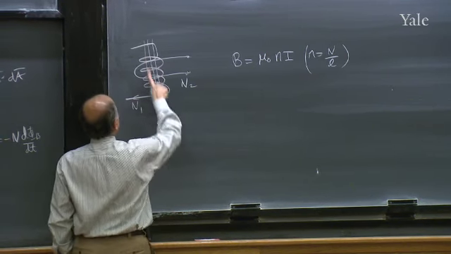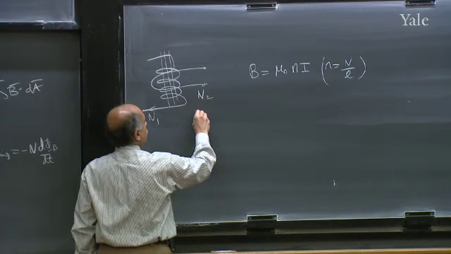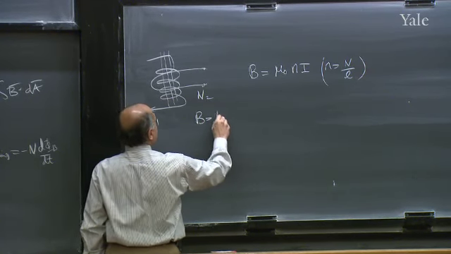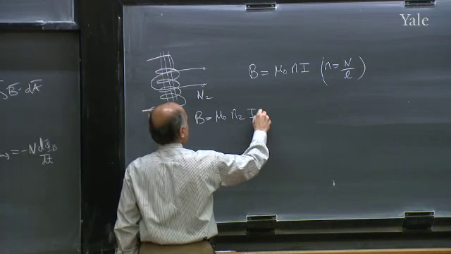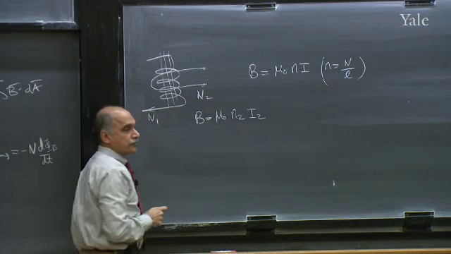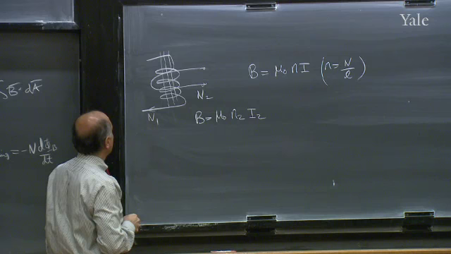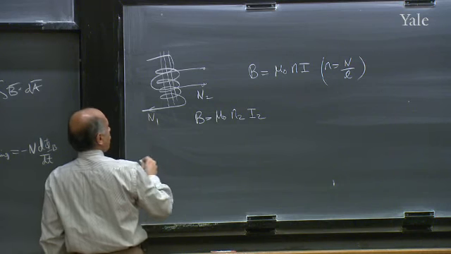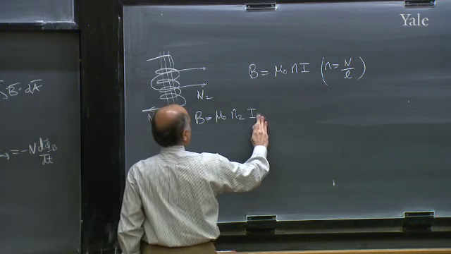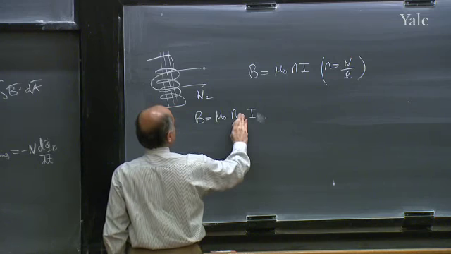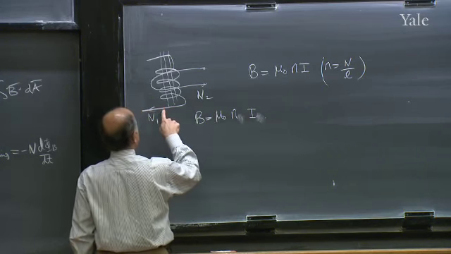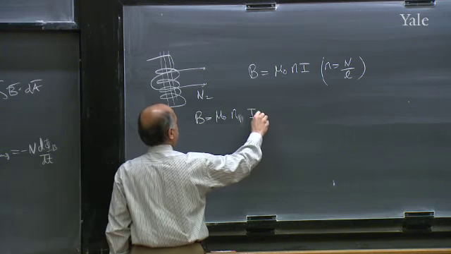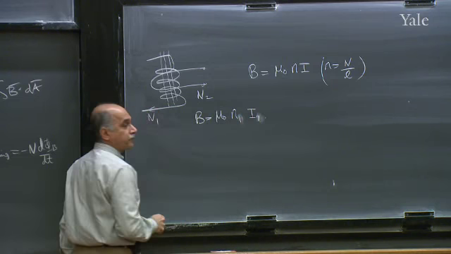Therefore, the magnetic field in this solenoid is equal to mu0 N2 I2. Remember, I'm sorry, N2, please, sorry about that one. This is the first wire, this is the first coil, this is N1, I1.